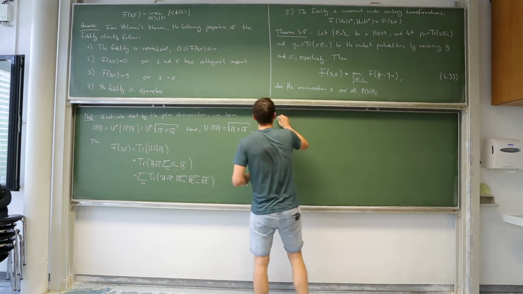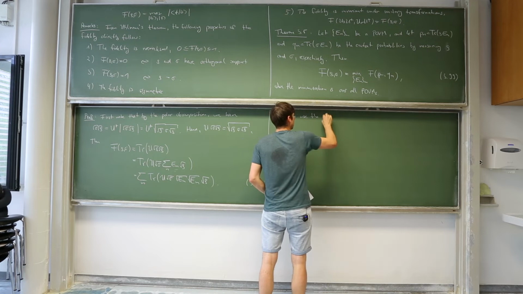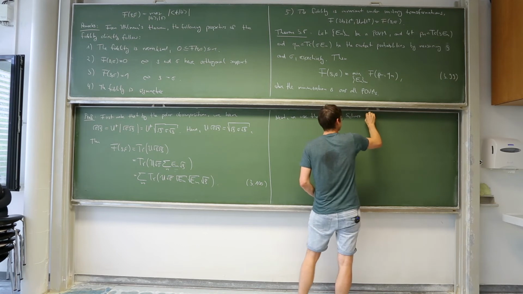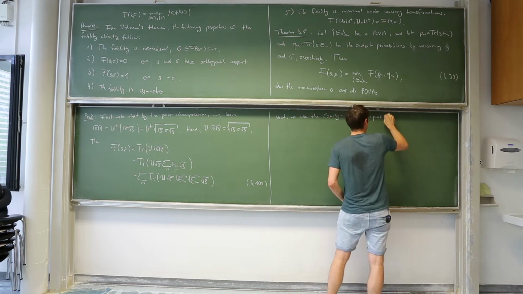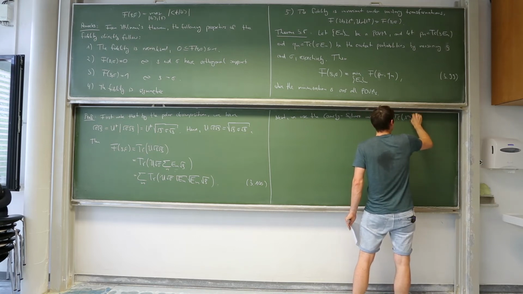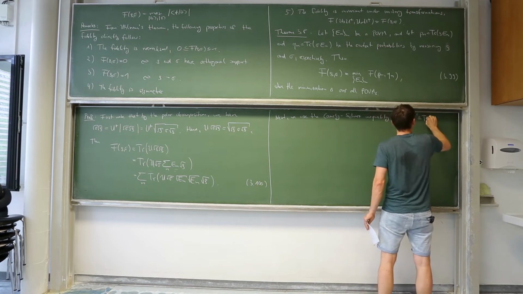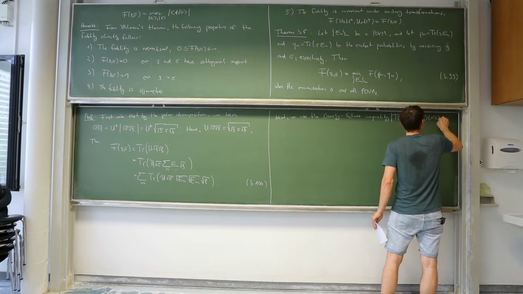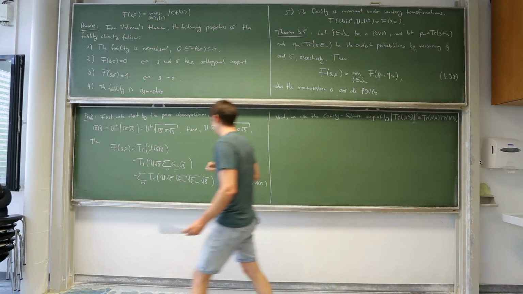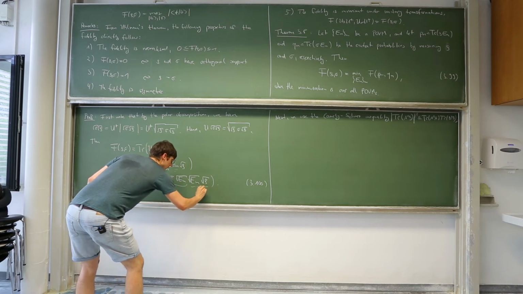So next we use the Cauchy-Schwarz inequality, which was that the modulus squared of the trace of A dagger B is smaller or equal to the trace of A dagger A times the trace of B dagger B. We can here identify this as A and this as B.